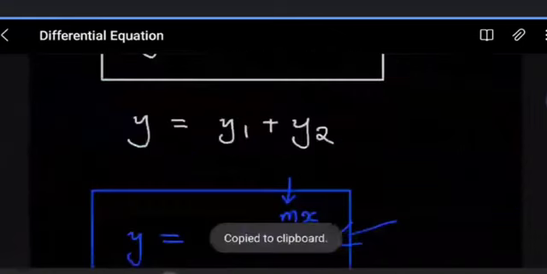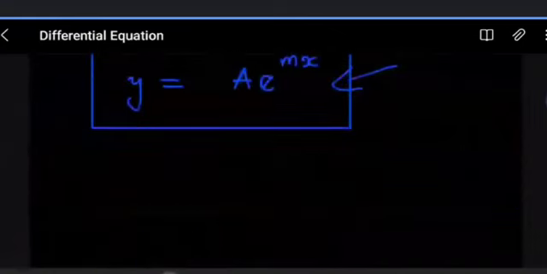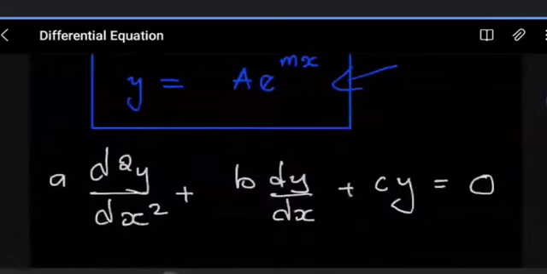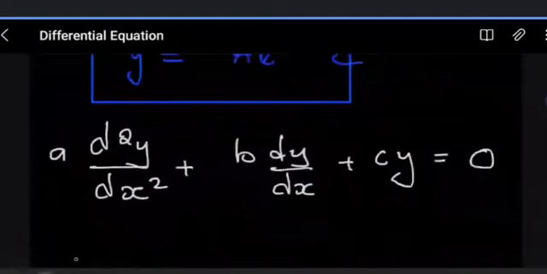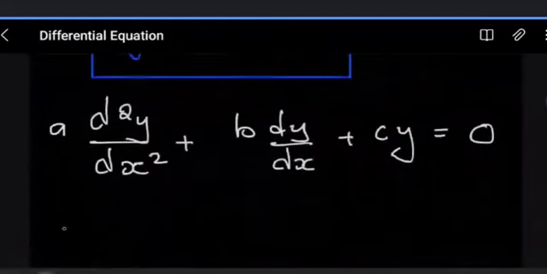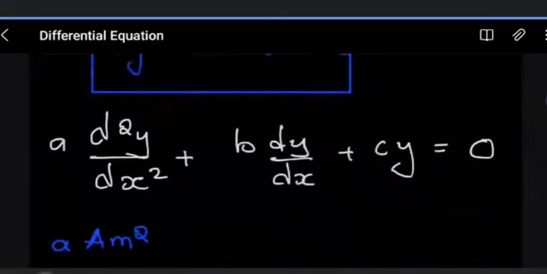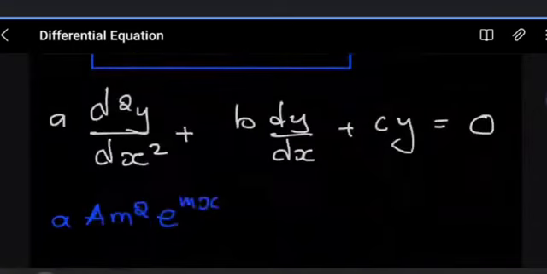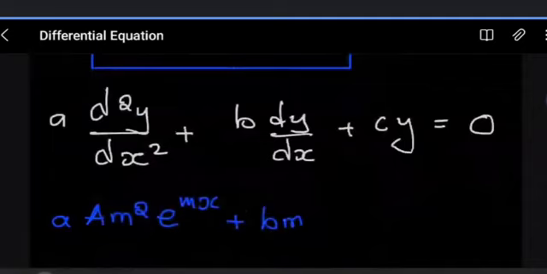You see, in this case, if you are going to plug in what the derivatives or what y is going to be here, in the first part, when you get the second derivative, you're going to get a, and the second derivative is going to have m squared, and then it's going to have e to the power mx. And then for the second part, you're going to have b. The first derivative will only have an m here, and then e to the power mx.